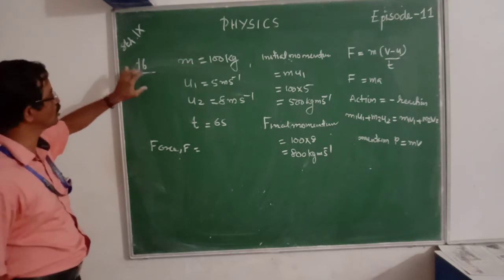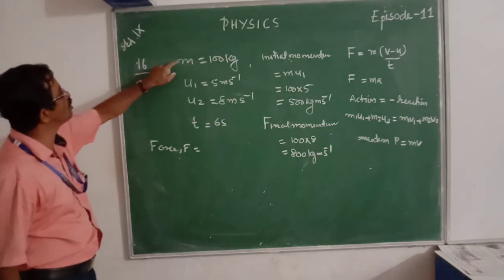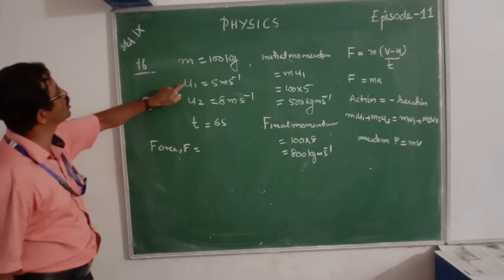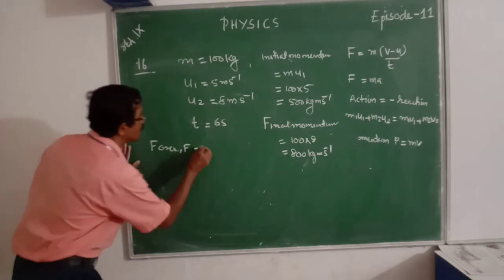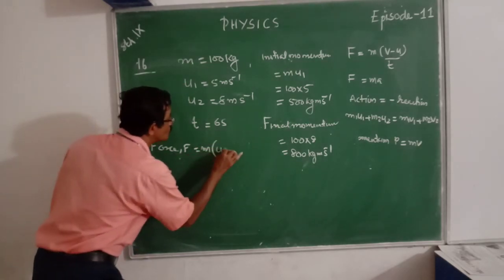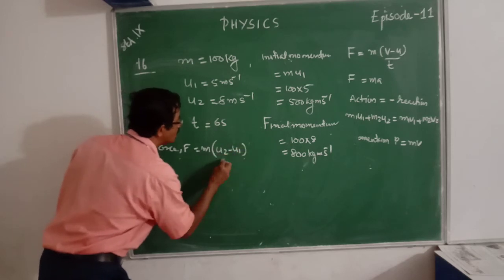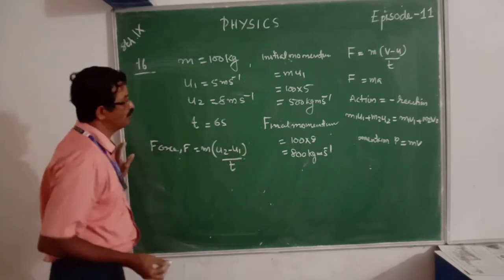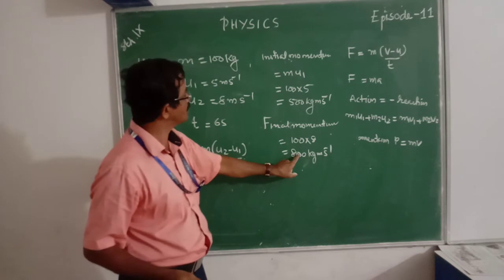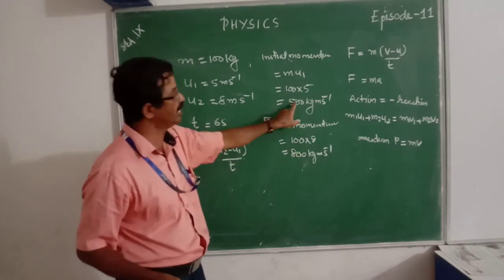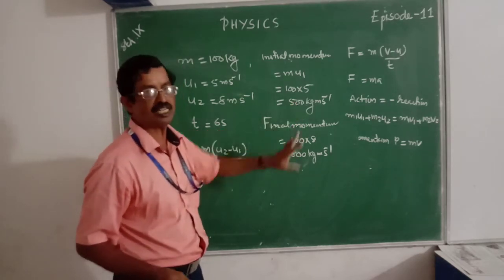That is m into u2 minus u1 by t. Or otherwise we can find this as 800 minus 500 divided by time. From that also we get it.